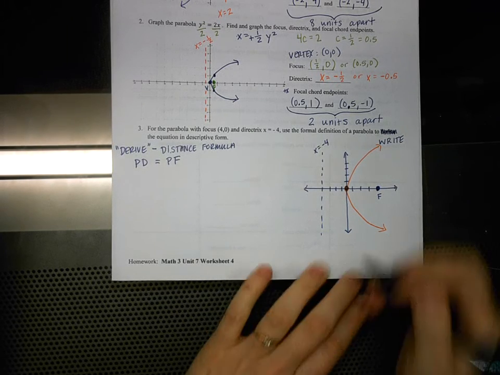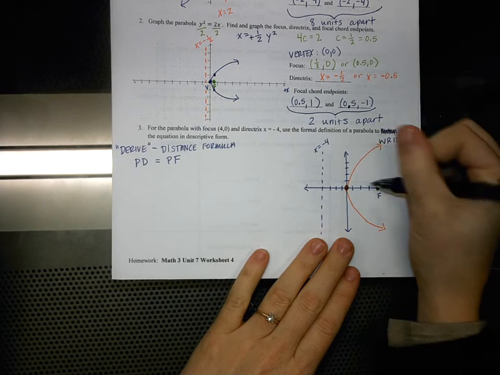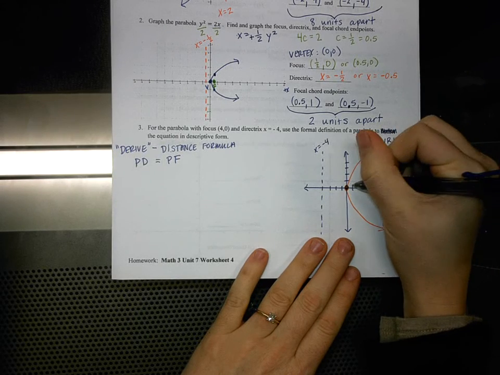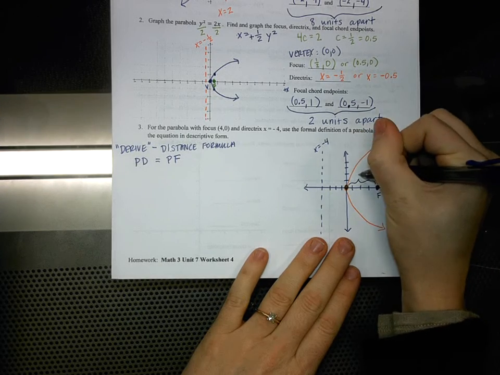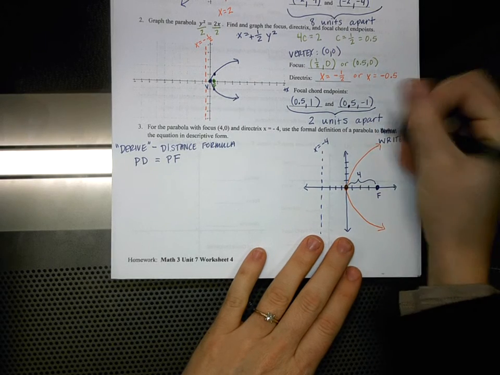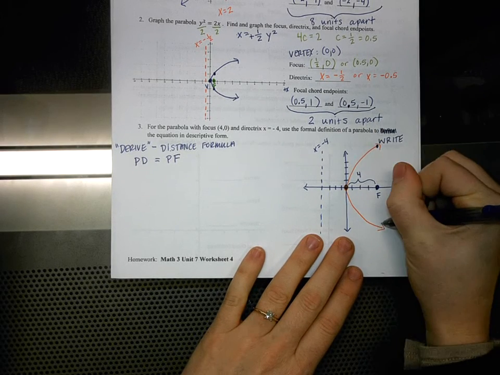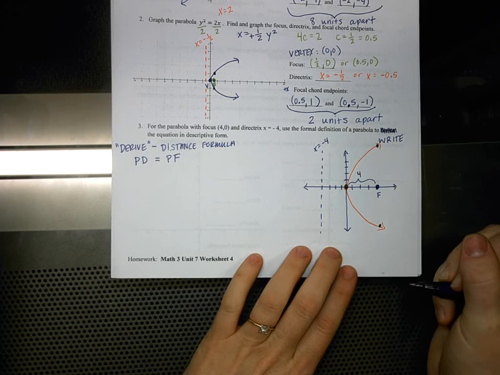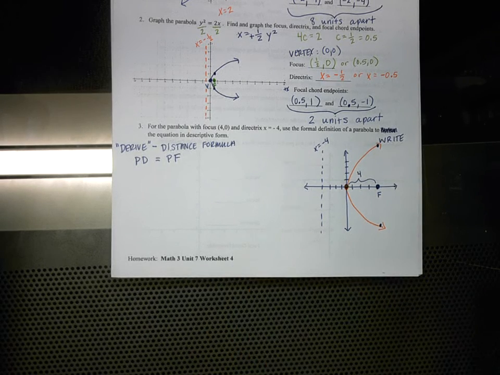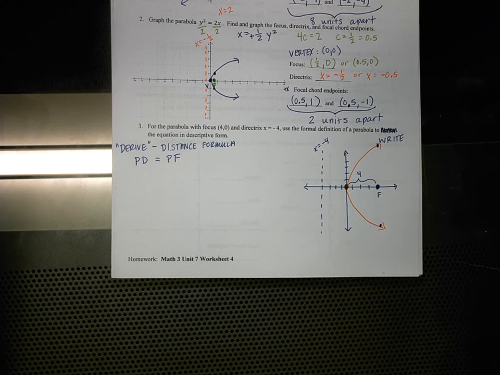Now, technically, I can even find these other points. If this C value is 4, then what's the distance between my focal chord endpoints?